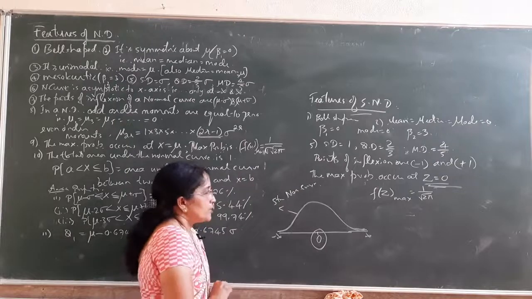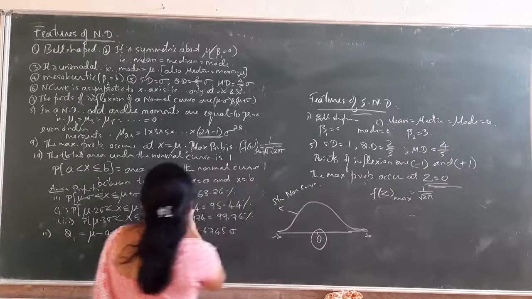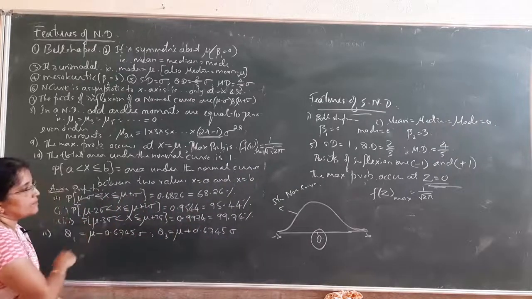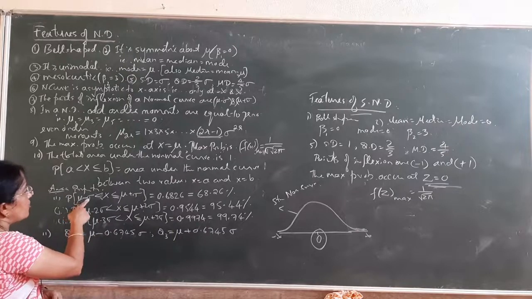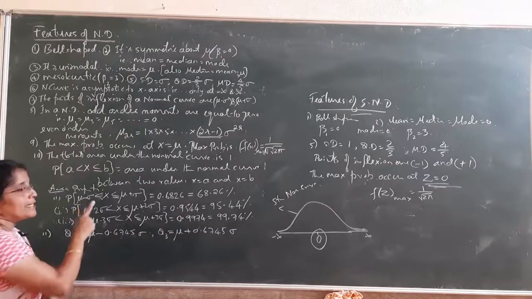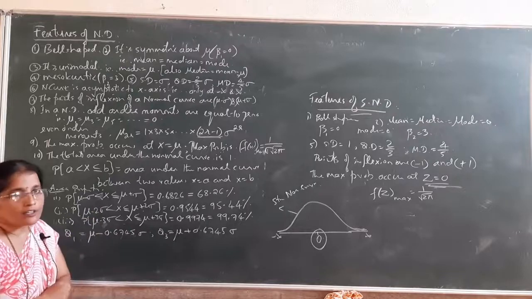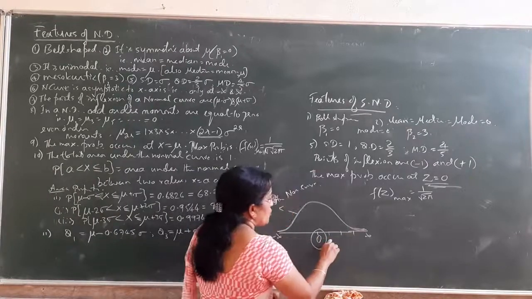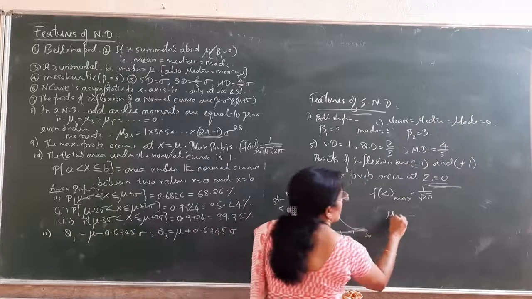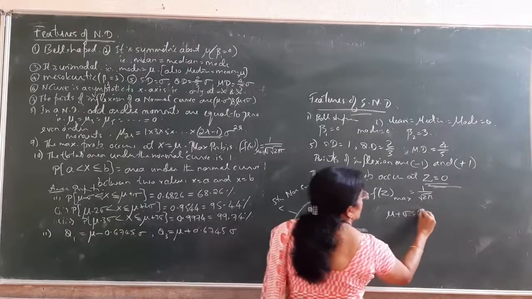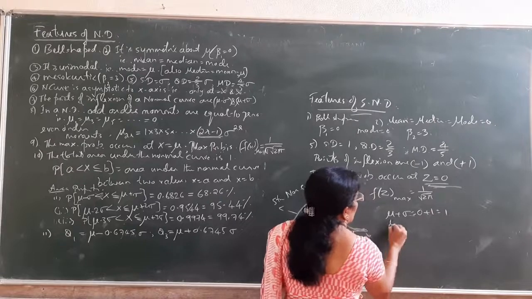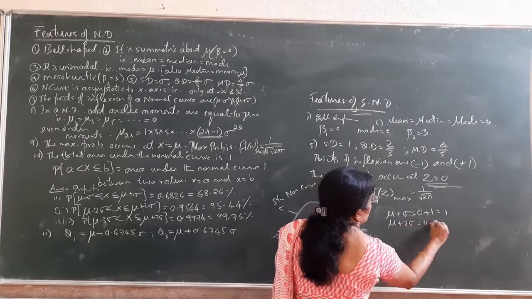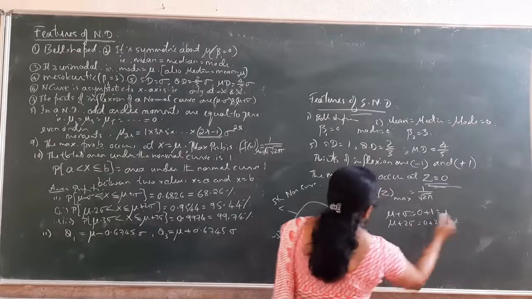After that, the area property. I wrote it here. Now just see this. In place of mu minus sigma, we will be getting minus 1 in a standard normal variate. Mu plus sigma, that is 0 plus 1, which is equal to 1. Mu plus 2 sigma, 0 plus 2 into 1, which is equal to 2.